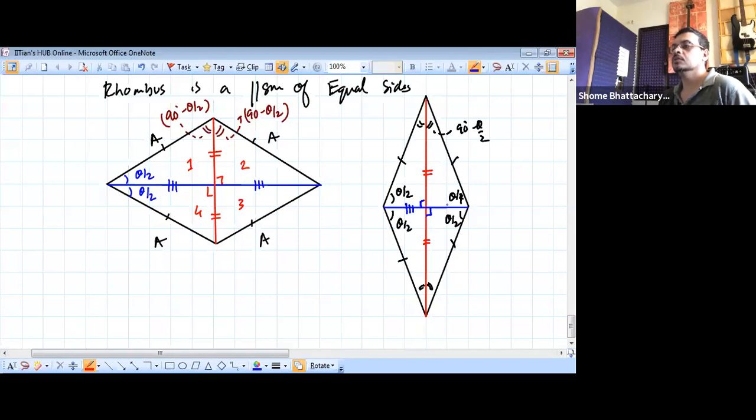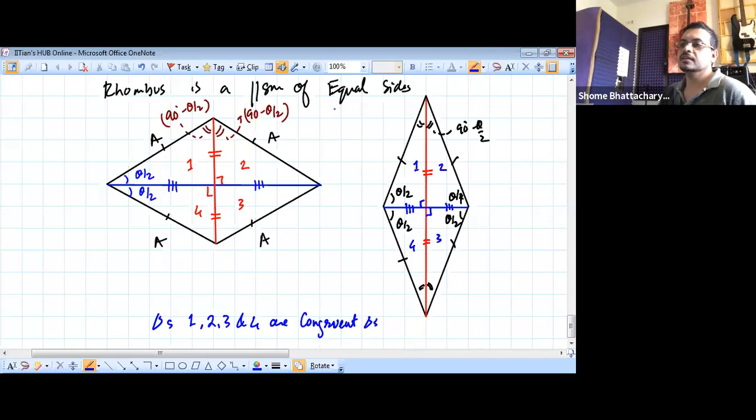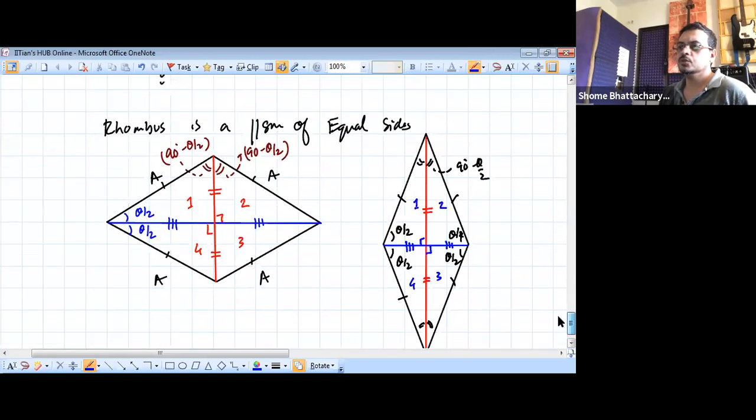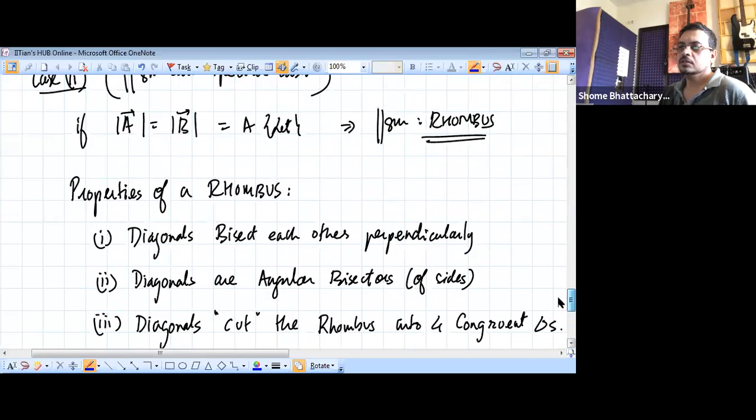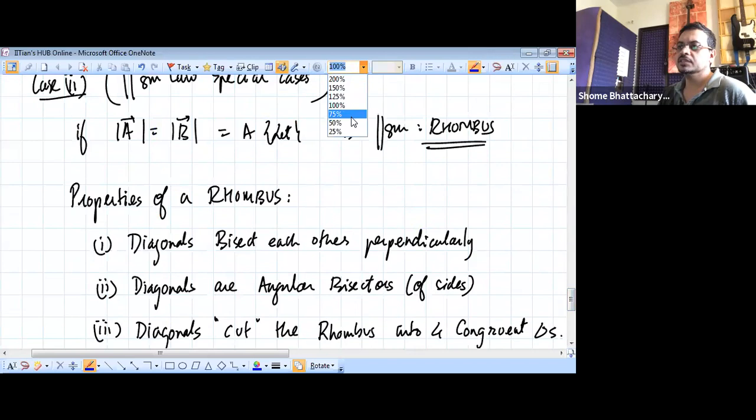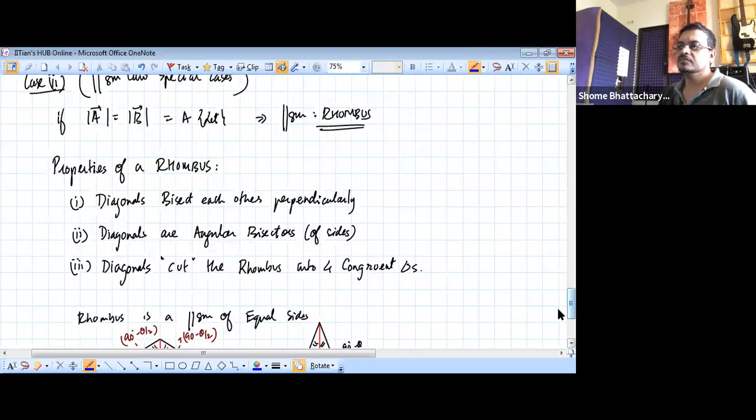So again, you can see over here that this triangle, this triangle, this triangle, and this triangle, the triangles 1, 2, 3, and 4, are congruent triangles. They are identical triangles if you fold them into each other. This is something well known from your 9-10 geometry. So just make a note of this, then we'll see how this applies in vector algebra.